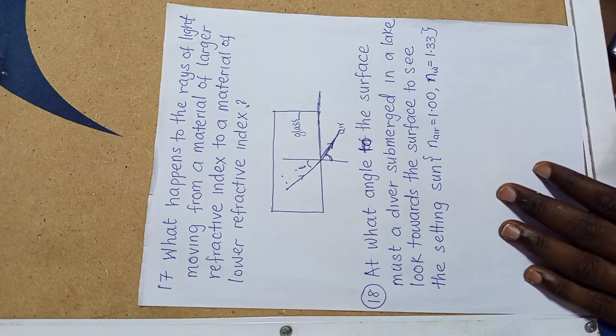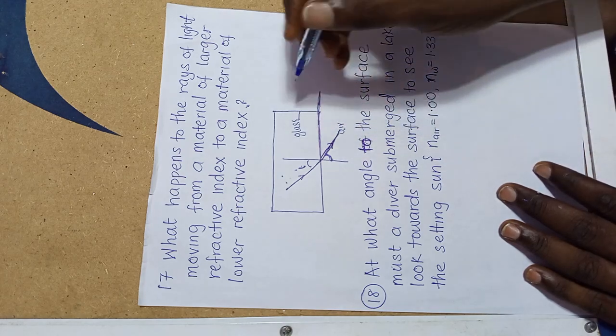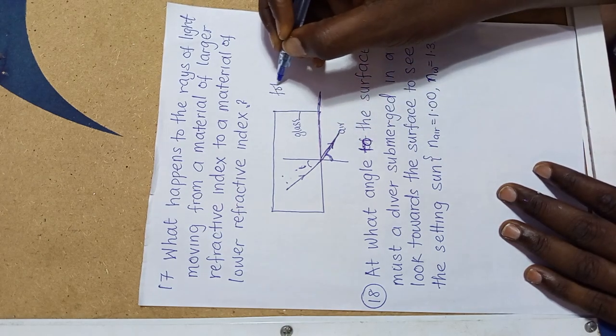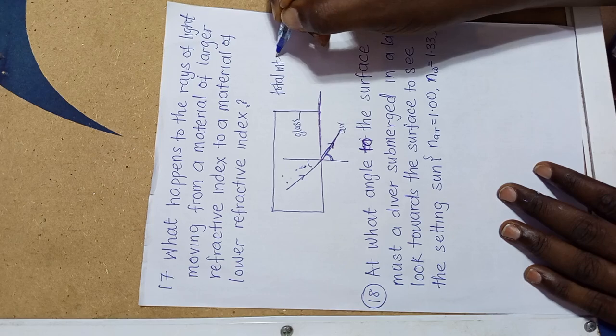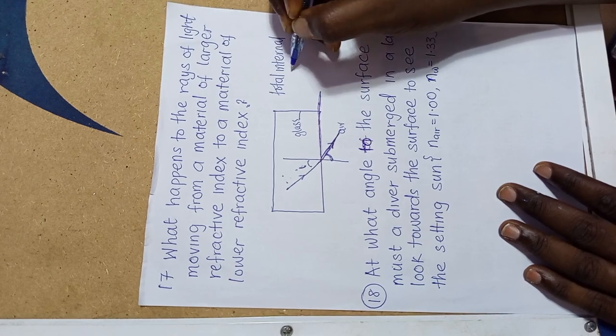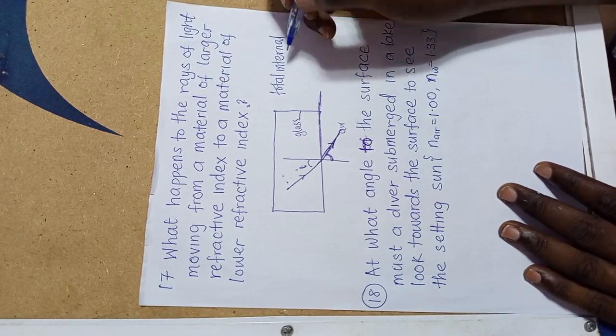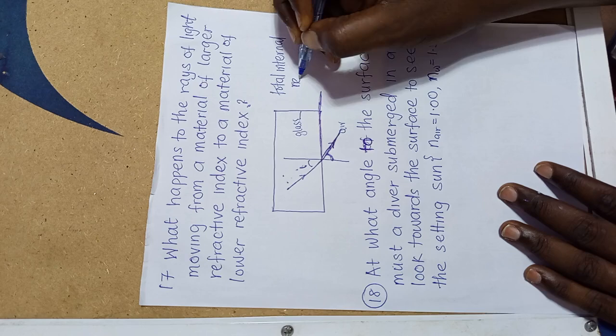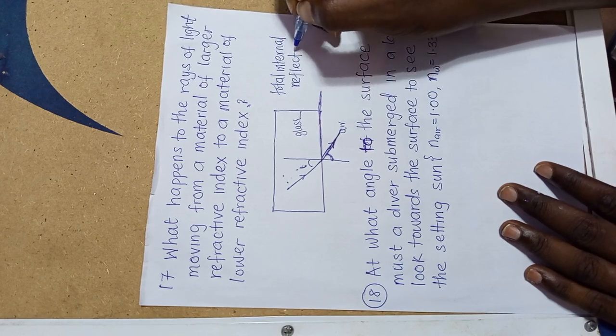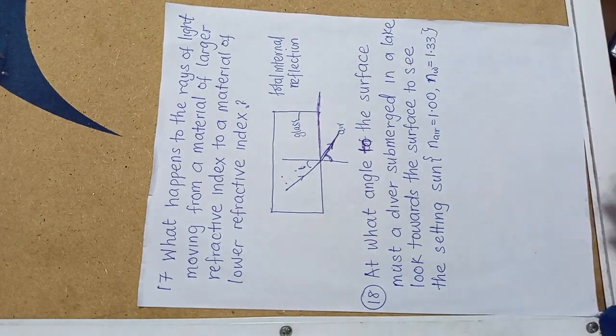So in this case, what is likely to happen again is total internal reflection, because it's traveling from a denser medium to a less dense medium.